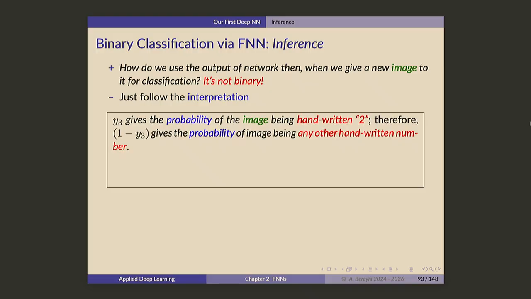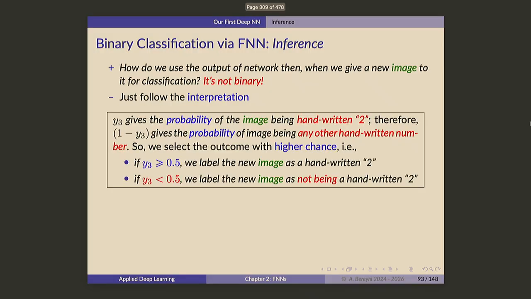And I'm taking the one which has the maximum likelihood, which means you simply compare with half. When it's more than half, the higher likelihood is given to the image being 2. When it is less than half, the likelihood is that this is not image 2. And then you just take the one which has the higher likelihood.